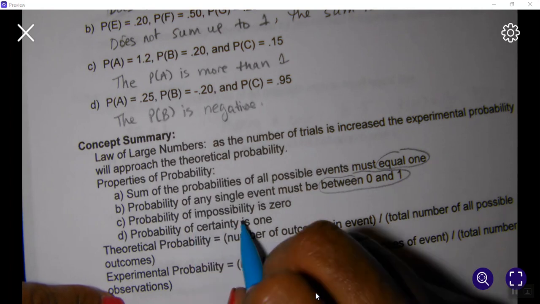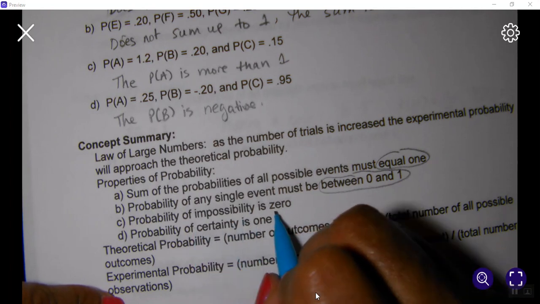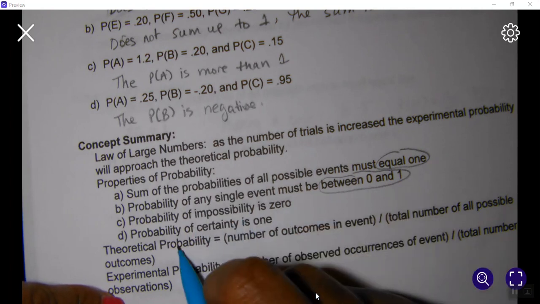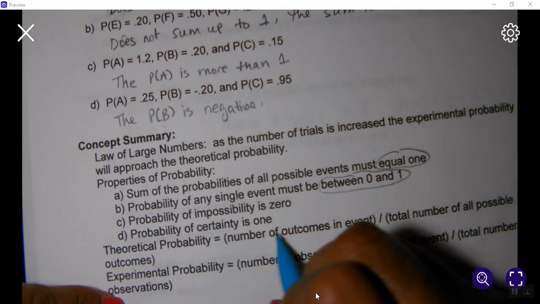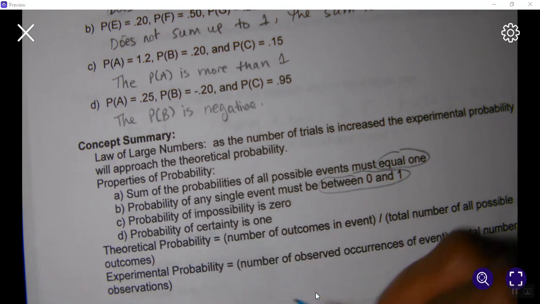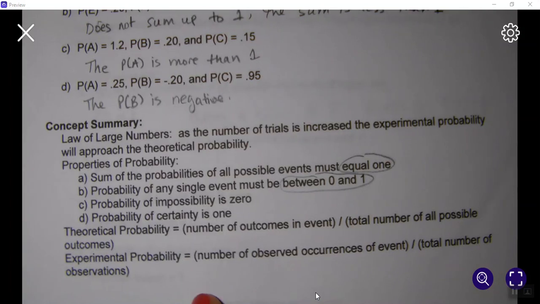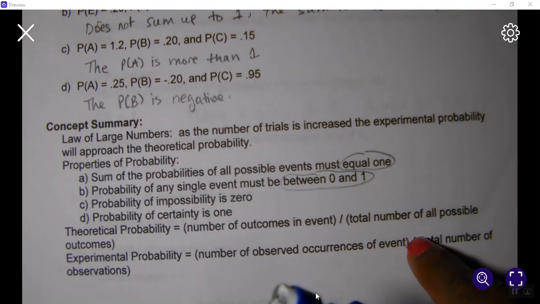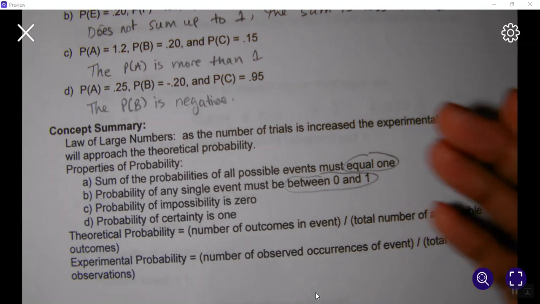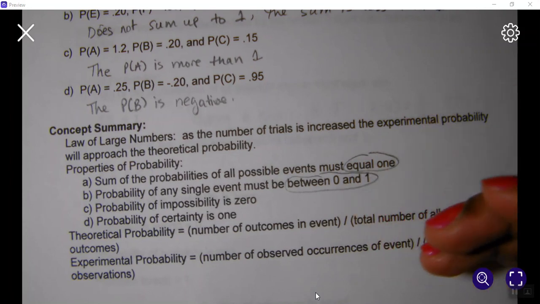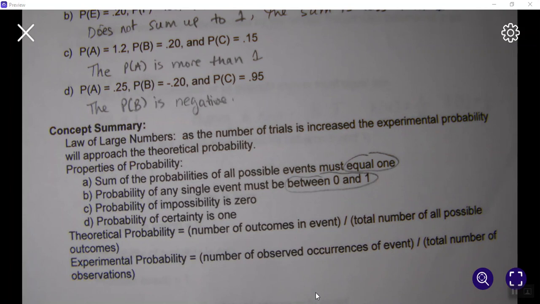The probability of something being impossible is 0, and the probability of something being certain is 1. And then these two right here: you just take the total number and put that in the denominator, and the number of outcomes you're interested in goes in the numerator. Okay?